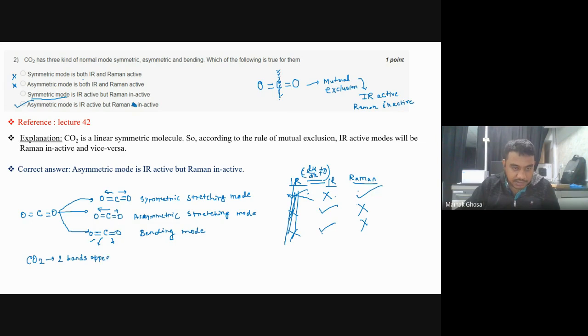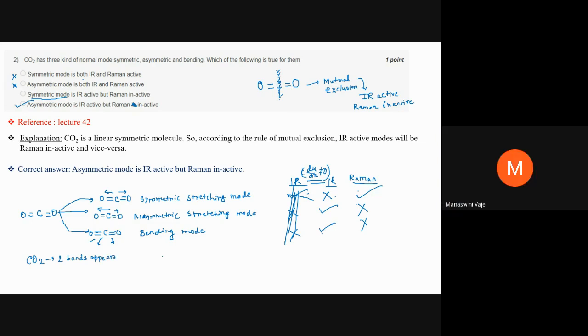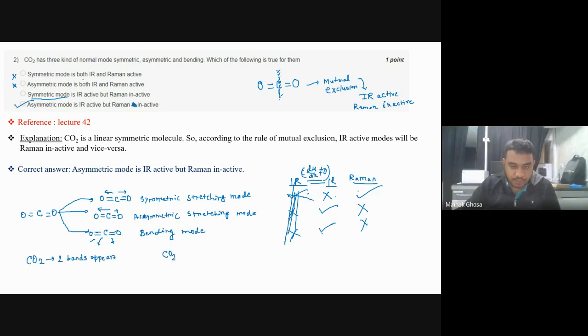But if you go through the 3n minus 5 or 6 rule, since CO2 is a triatomic molecule, how many degrees of freedom? 3 into 3, 9. 3 are translation, 2 are rotation, so the number of vibrational modes is 4.